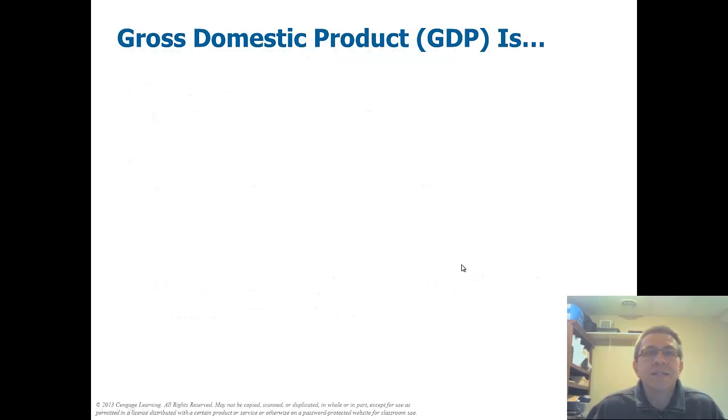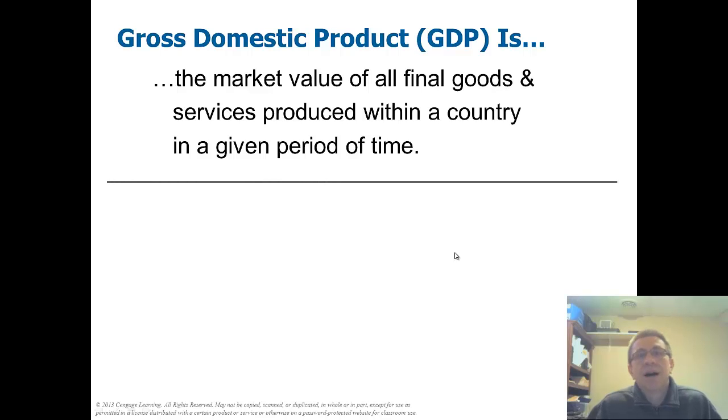So what is GDP? I have never in my life gone through a definition with a class in more depth than what we do with GDP and what we will be doing right now. It's the market value of all final goods and services produced within a country in a given period of time. Sounds simple enough, right?